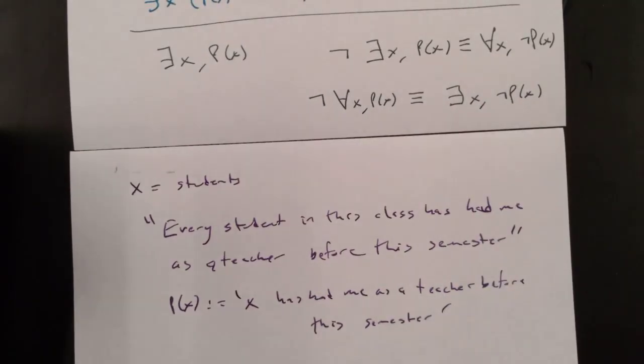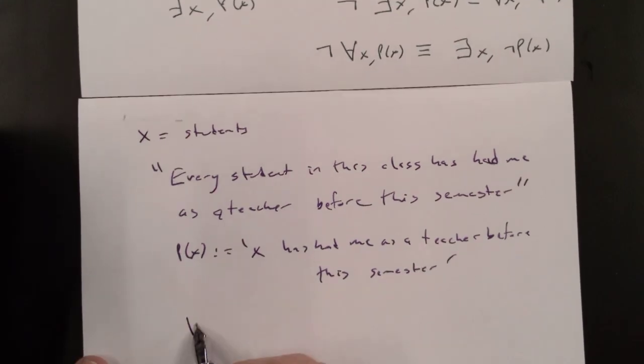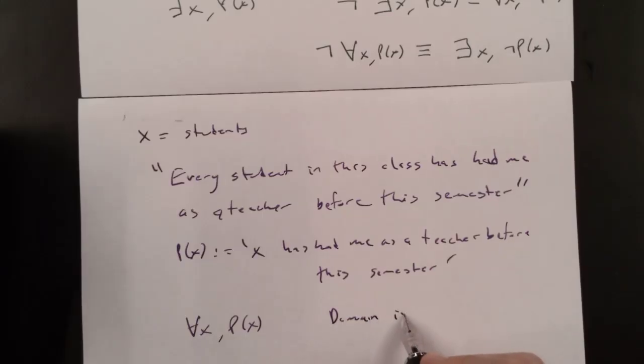Then my sentence up here in quotes should be written as, for all x, P of x, where the domain of that function is students in this class. Great.